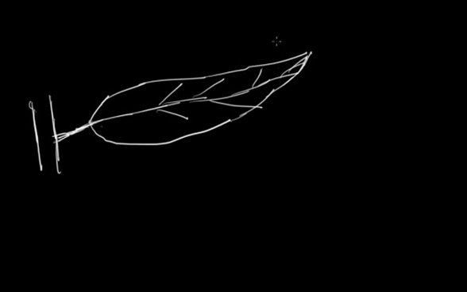Before we go into the modification, we can just have a look at the basic parts of a leaf. The upper pointed portion is of course the tip. You have the base, that's the lower portion.